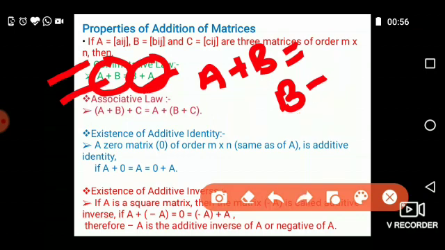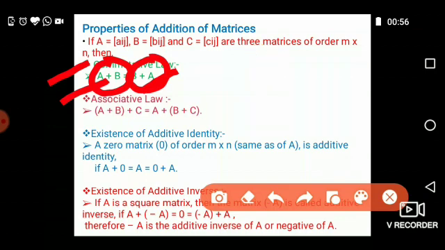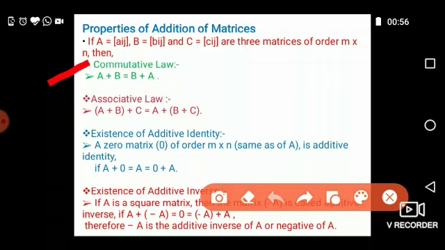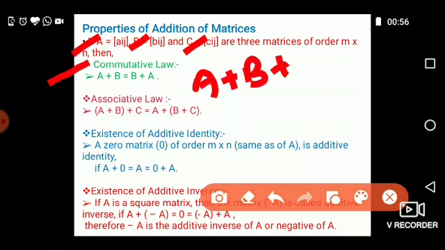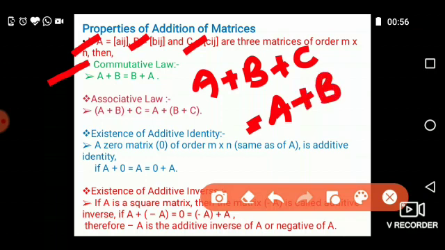Moving on to the next property of addition of matrices. The second law says associative law. To define the associative law, we should have three matrices: matrix A, matrix B, and matrix C. We write A plus B plus C is equal to A plus B plus C, regrouping the terms.